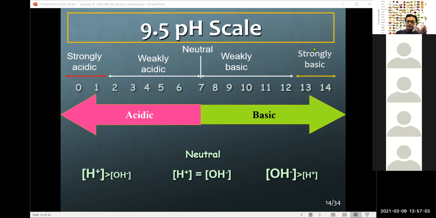Anything less than 7 is classified as acidic. Anything greater than 7 is classified as basic. From that point, we have weakly acidic and strongly acidic. Less than 2, roughly, is a very strong acid material, literally 100% dissociation. The same is true on the other end of the spectrum. We have areas of weakly basic and all the way to strongly basic solutions.